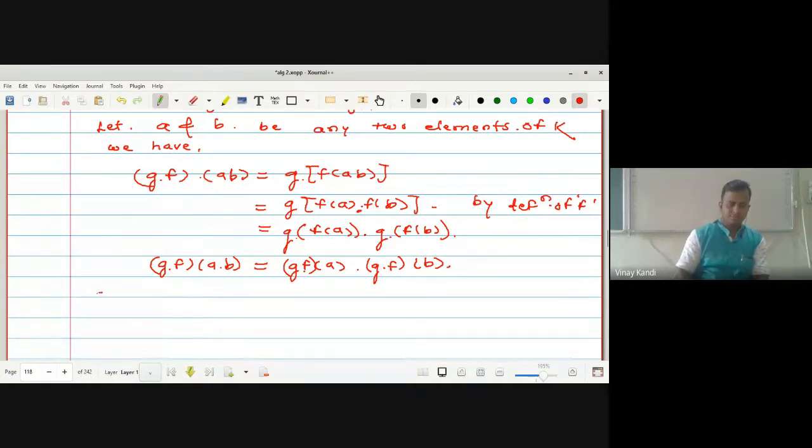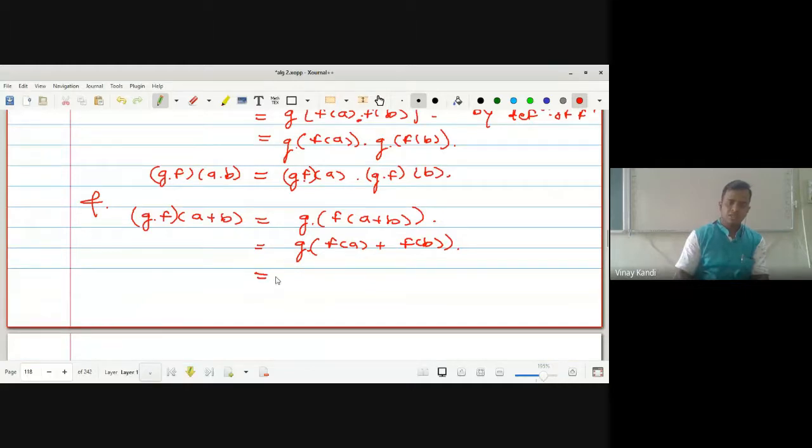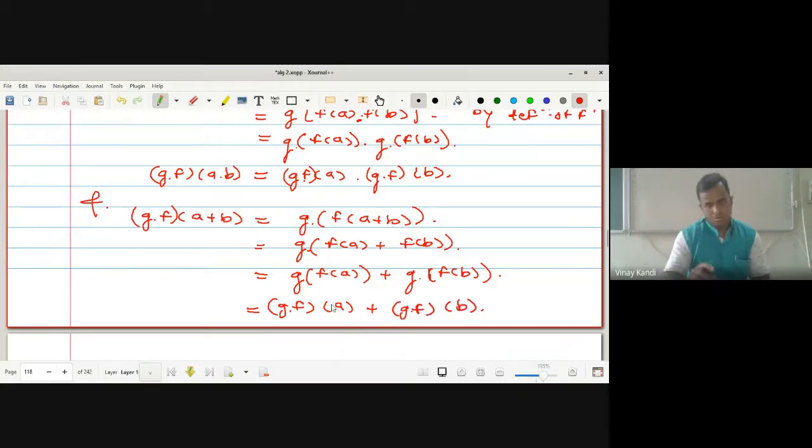And also G into F of A plus B is equal to G into F of A plus B. But F is an automorphism, so this is F of A plus F of B. Now G is an automorphism by the definition of G, so this is G of F of A plus G of F of B. So this implies G into F of A plus G into F of B. Is it correct?